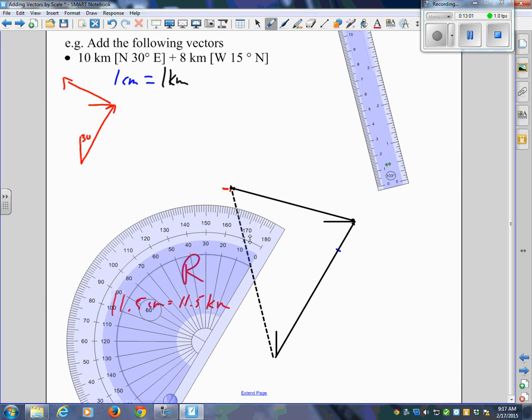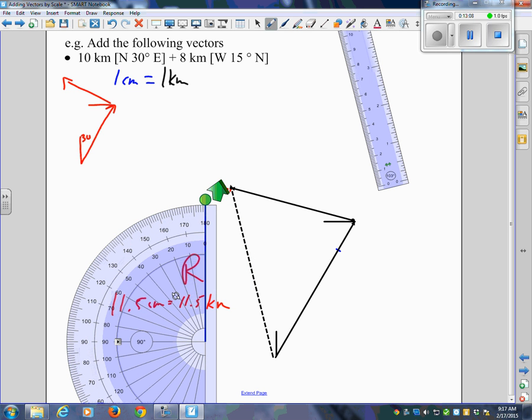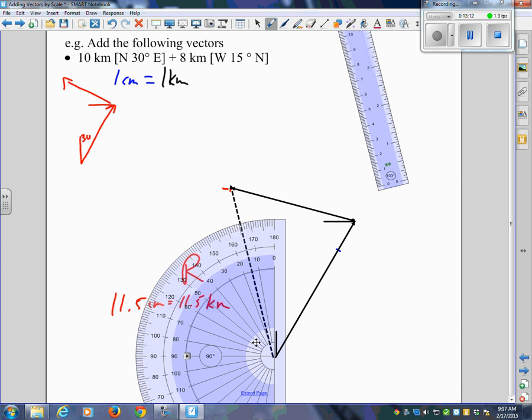Put it straight up and down, right there. And I get about 14, 15 degrees, right? So that's going to be north 15 west. Again, you can be out plus or minus 3 degrees. With only 2 vectors, you should not be out more than that.